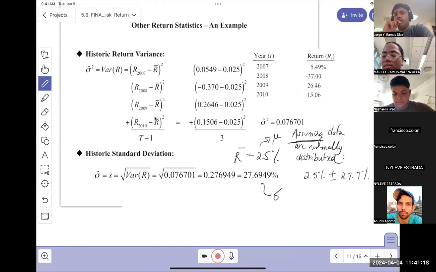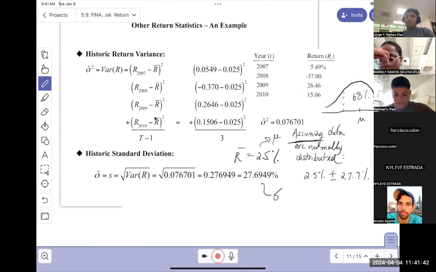So the rule is if the data are assumed normal or roughly normal, most of the data is around the mean. How much is most, to be more specific? Do you remember? 68%.